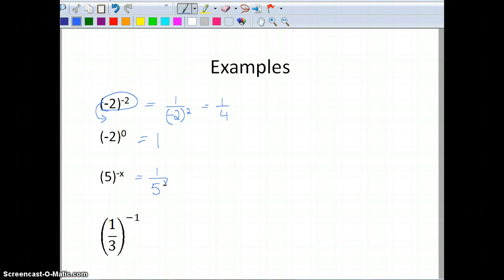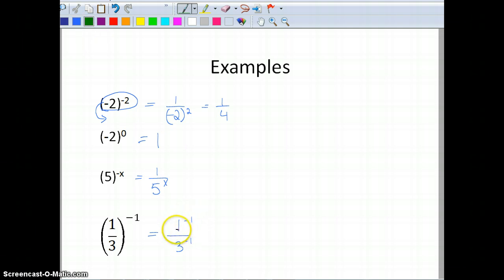But what do I do if I have a fraction? When I have this negative, all I'm really doing is flipping things around. So I'm going to rewrite it as 1 to the negative 1 power over 3 to the negative 1 power.